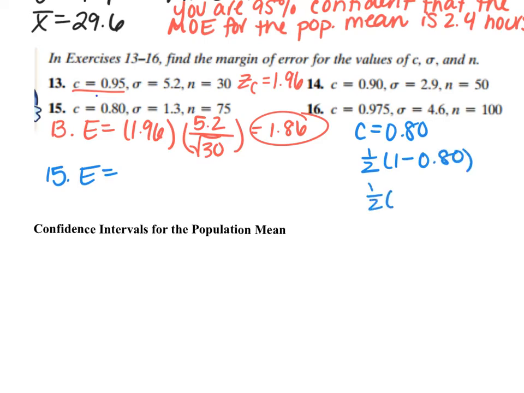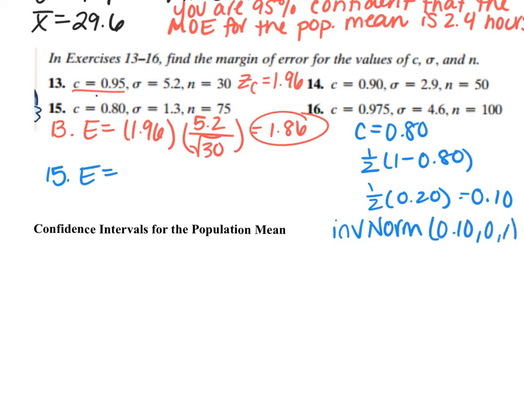This gives me 1/2 of 0.2, which is 0.10. So if we wanted to find the z-score that goes along with 80%, we would have inverse normal, 0.10, 0, 1. Again, we can just put that in the calculator, and we get a critical value of 1.28.